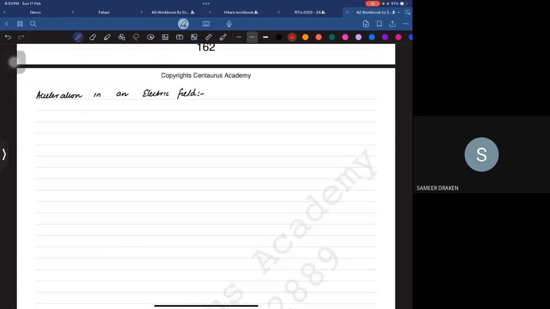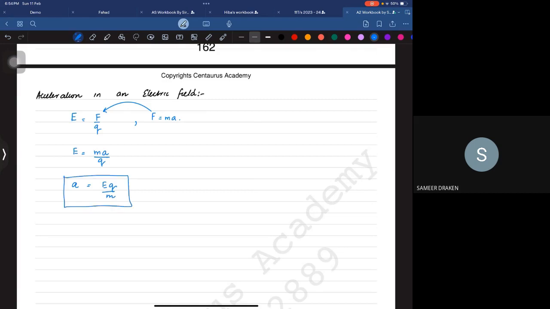So let's check it out. Electric field strength is given by force per unit charge, and force is equal to ma. Now, we can put this back here. This will become electric field strength equals ma over q. Because you need the acceleration, you can make it the subject, and it will then be Eq over m, like that. Very simple.